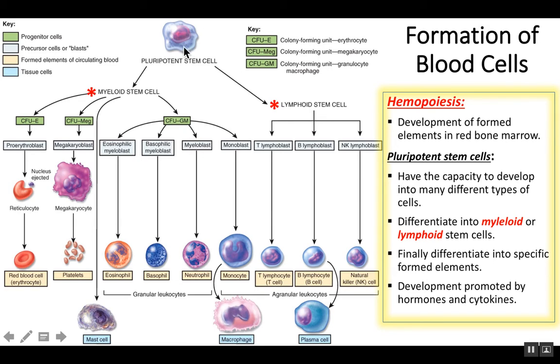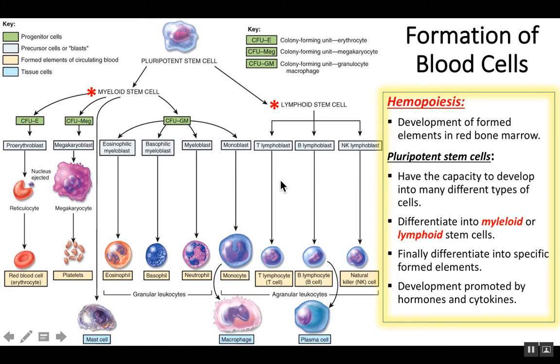Once a pluripotent stem cell differentiates into a myeloid stem cell, we know it's either going to become a red blood cell, platelets, or these four white blood cells: the eosinophils, the basophils, the neutrophils, or a monocyte. If it differentiated into the lymphoid stem cell, it's going down a different path of development and will become either a lymphocyte or natural killer cell.